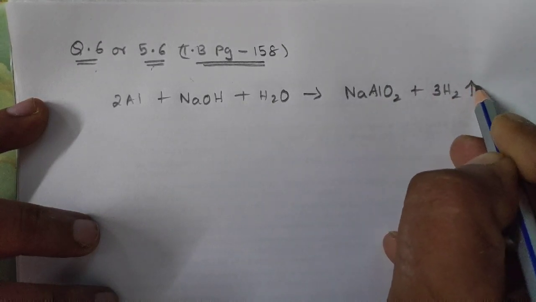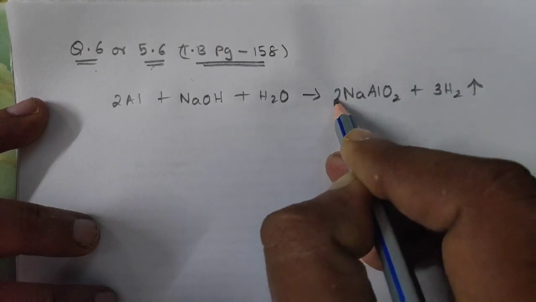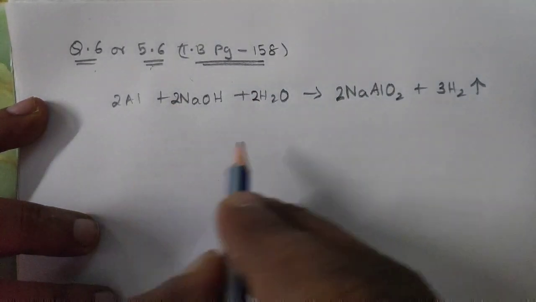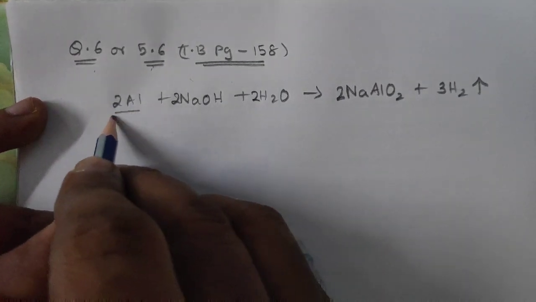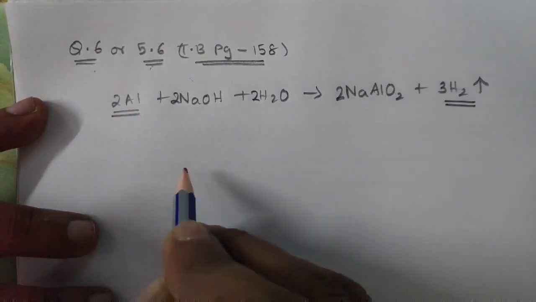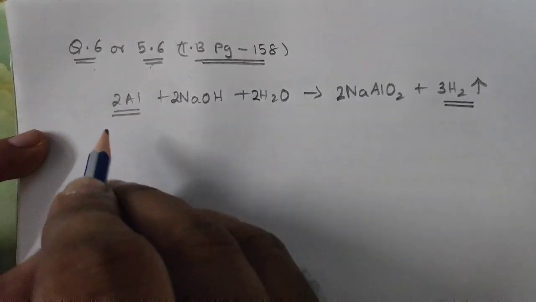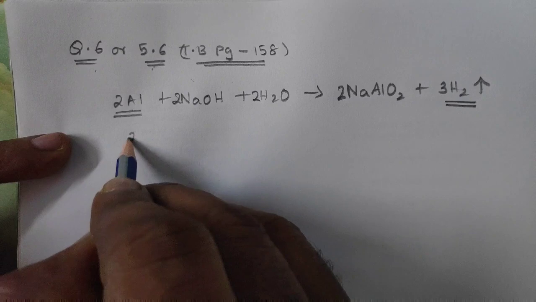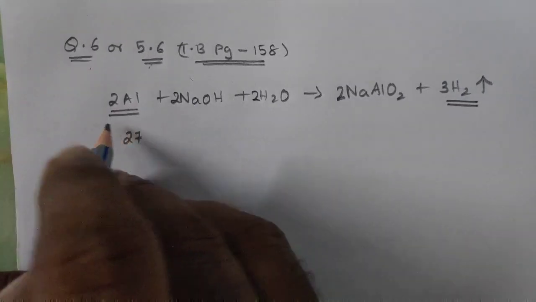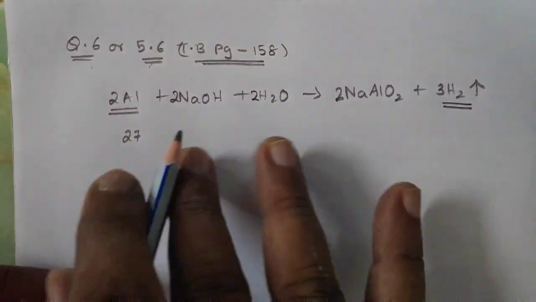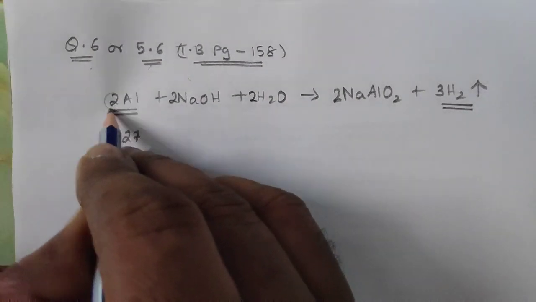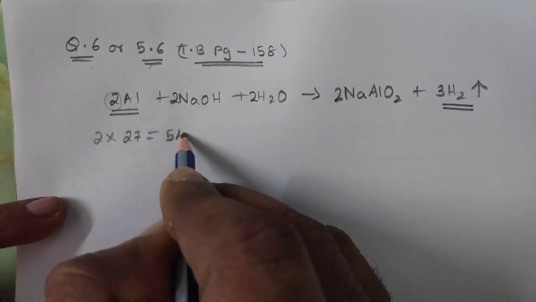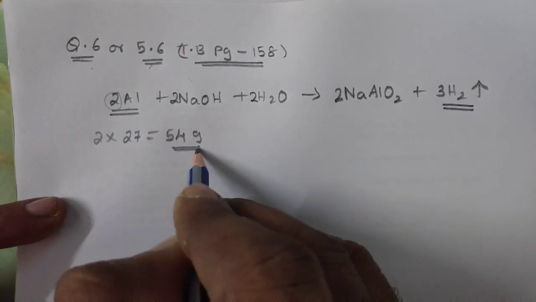This is the reaction, we balance it, 2 and here also 2, right? So in this case, aluminium and hydrogen gas we are going to discuss. The atomic mass of aluminium is 27, but how many moles are there? 2 moles are here, right? So 2 into 27 is equal to 54 grams I can take.